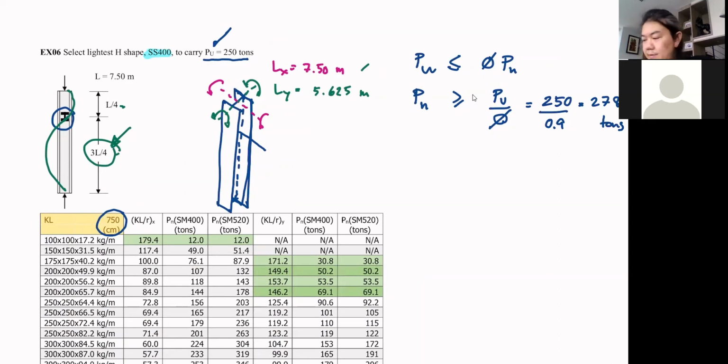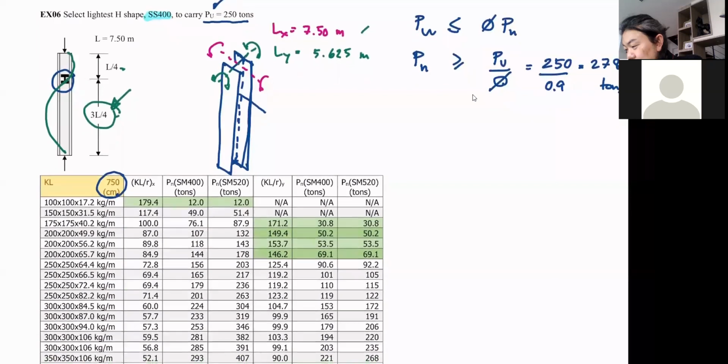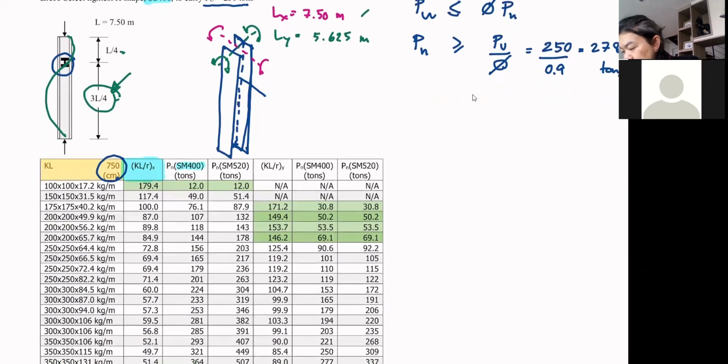Okay, so we are now at the right table, KL 750. This is for x-axis. And our target is 278. Remember this is KL over Rx. So you now must look here, and keep looking in SS400 until you exceed this. So that's where we are.